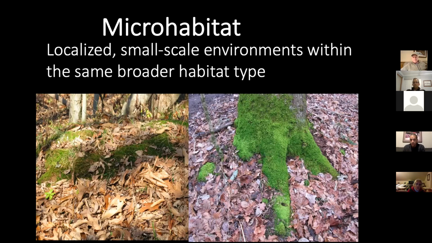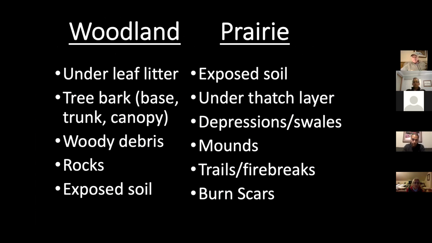Things that are nearly imperceptible at our scale. You see this picture at the bottom, where this moss is growing around the base of a tree, but it's not going onto the soil. So this moss community specializes at the bottom of the tree, but not soil, around the base of the tree.